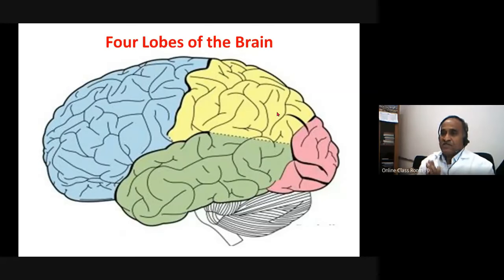The isocortex represents 90% of the total cortical area. The allocortex represents only 5 to 10% of the total cortical area, restricted to the hippocampus, the uncus, and other parts. That is one aspect of the histological mapping according to the cells.